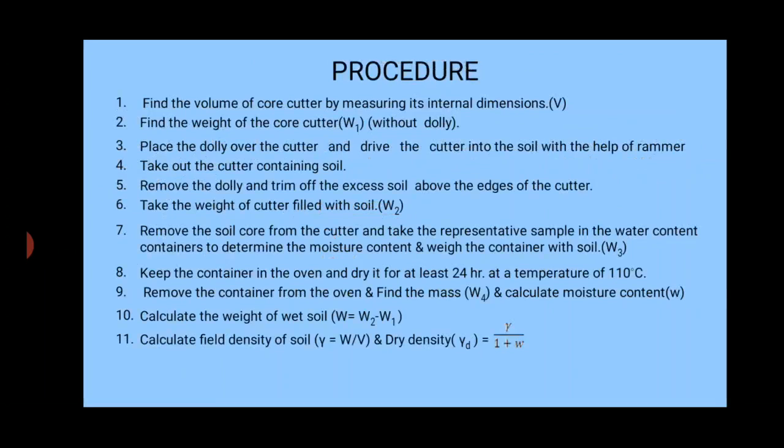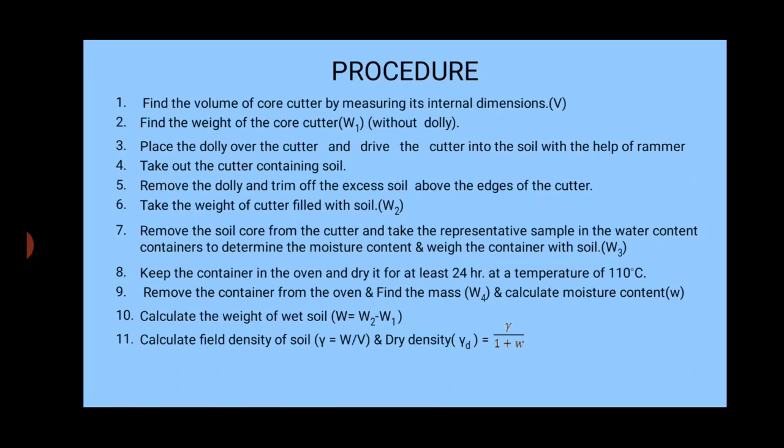Then next, the procedure. Firstly, find the volume of core cutter by measuring its internal dimensions, that is its internal diameter and height. Then find the weight of the core cutter without dolly and without soil, this is W1.